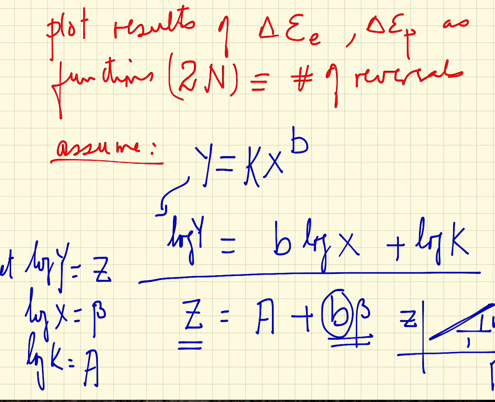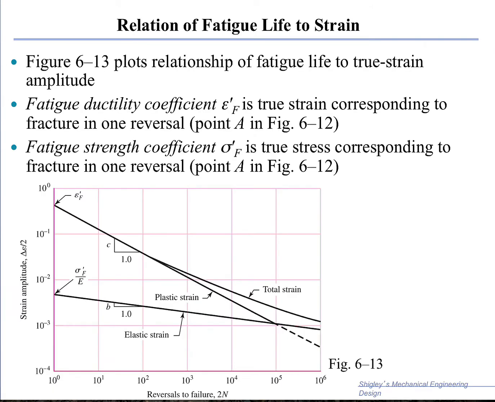So the idea now is that we can see that the fatigue data can be represented as the accumulated strain amplitude, delta epsilon over 2, versus the number of reversals to failure.